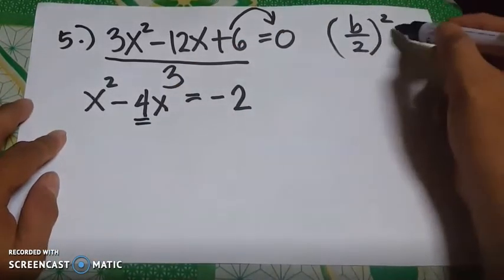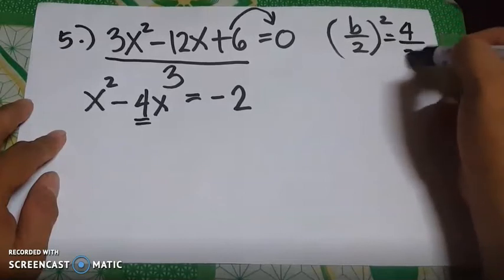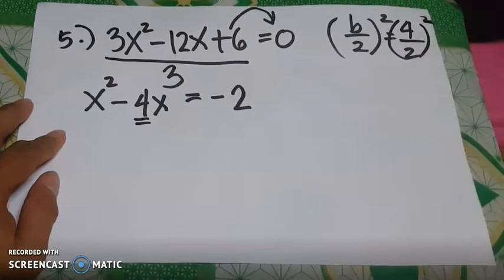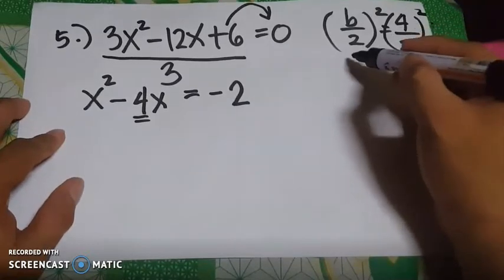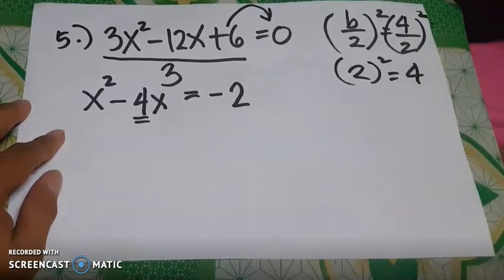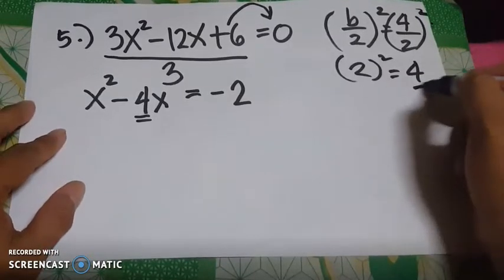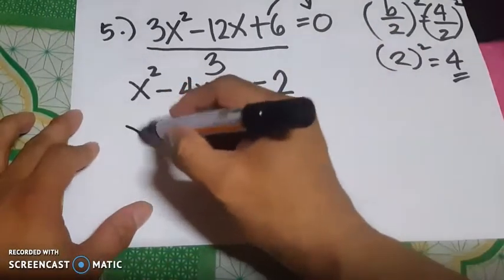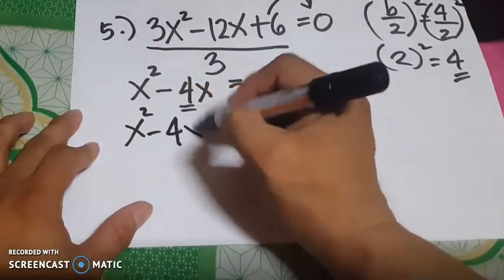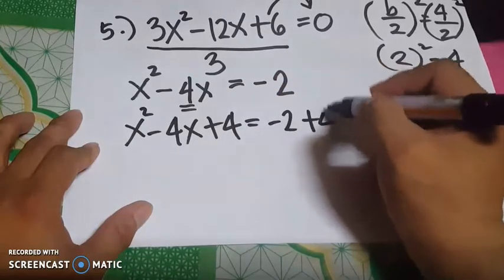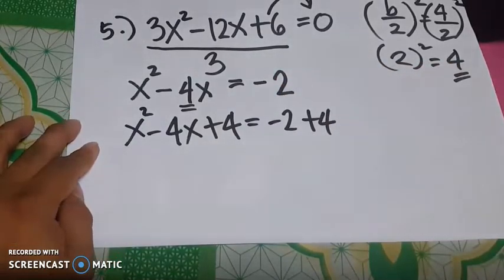So, substitute it here, magiging 4 divided by 2 quantity squared. Then, 4 divided by 2 is 2 quantity squared, which is equal to 4. So, that 4 is to be added on both sides of the equation. So, that will become x squared minus 4x plus 4 equal to negative 2 plus 4.